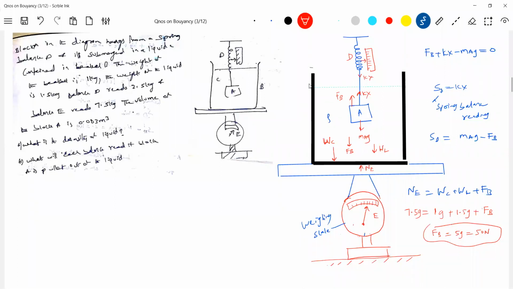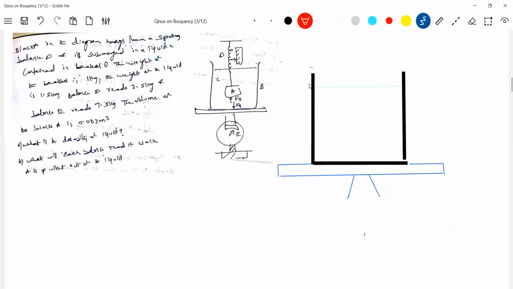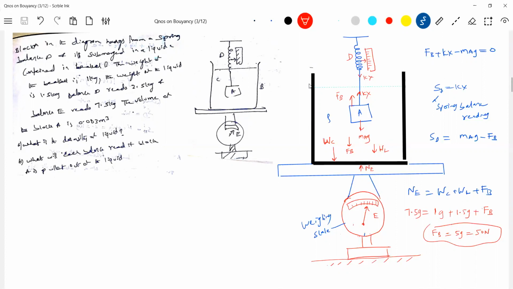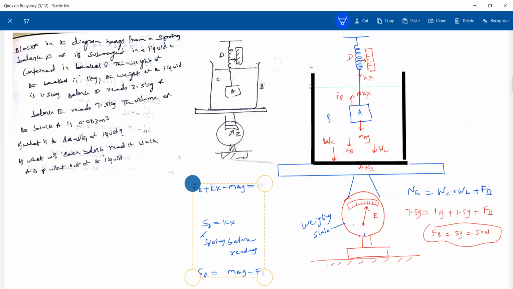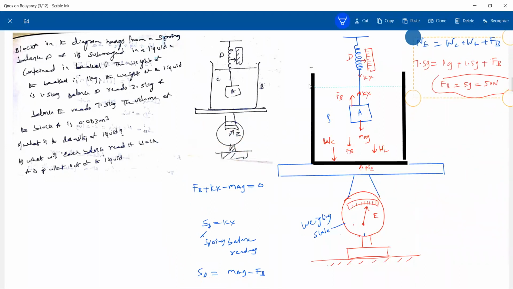We know the spring balance, how much will it read? 2.5 kg. I'll bring all the calculations. I think first we do like this, no?